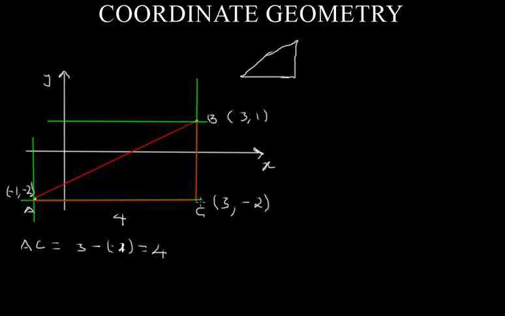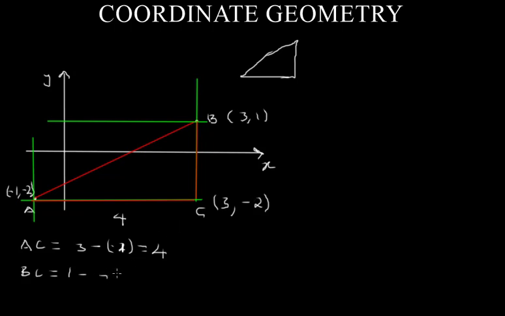The distance from C to B, or B to C, would then be, because B and C are both lying on the same x coordinate, the distance can be found by using the y coordinates of B and C. So BC equals, the y coordinate of B is 1, 1 minus the y coordinate of C, which is -2.